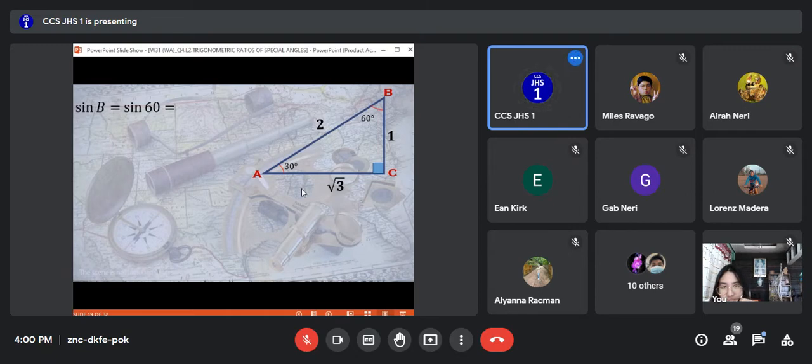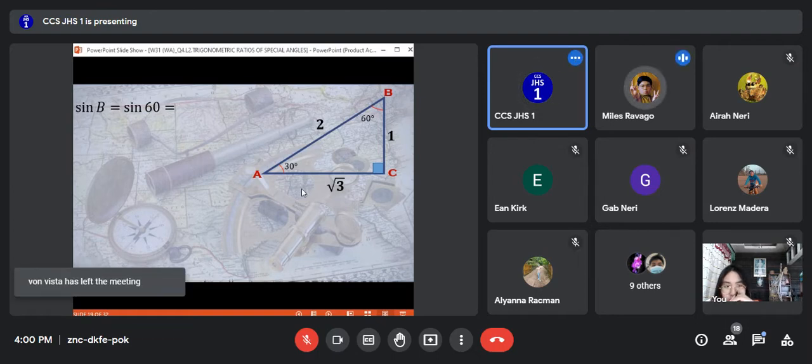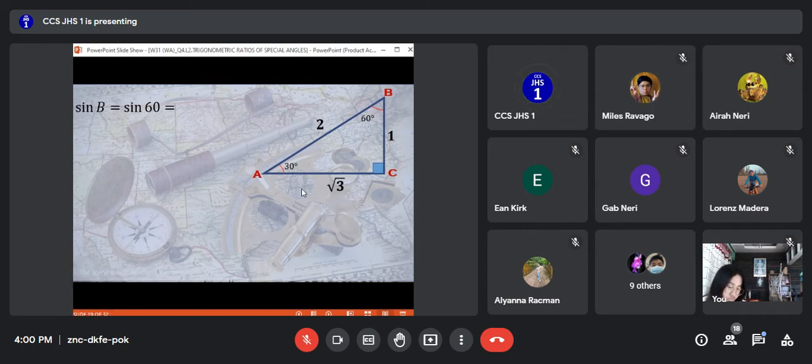Miles, how much is sine 60? Opposite over hypotenuse in your figure.